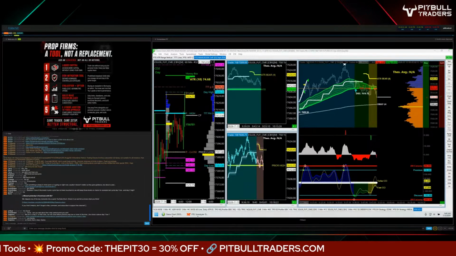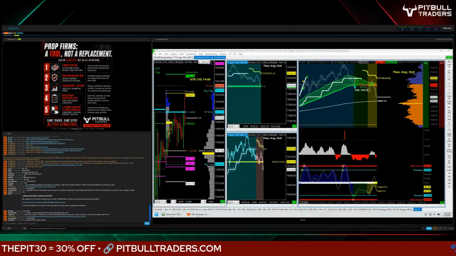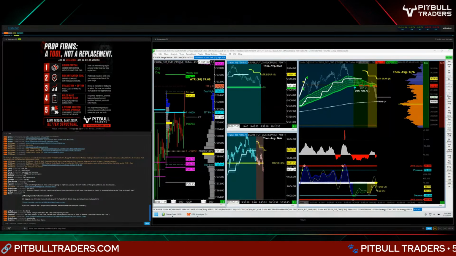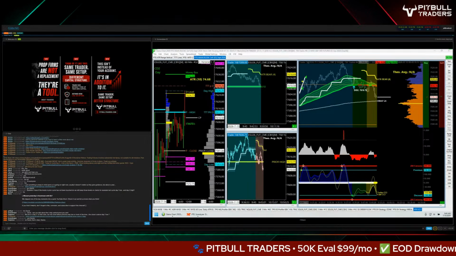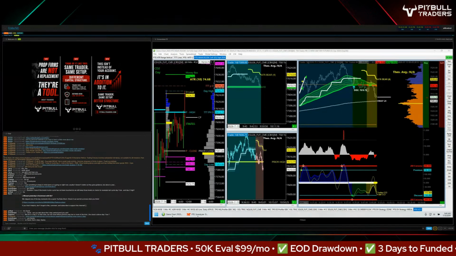If it holds and we get moves back above, then that's essentially where the market can find reason to play higher.